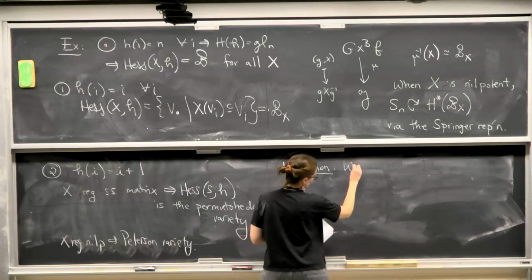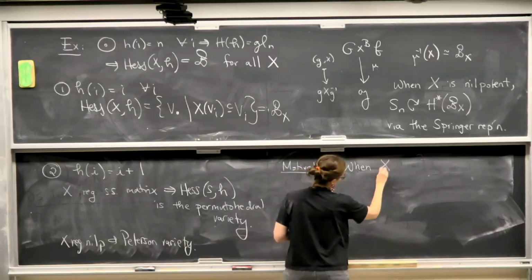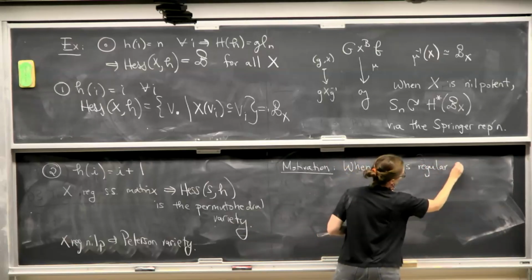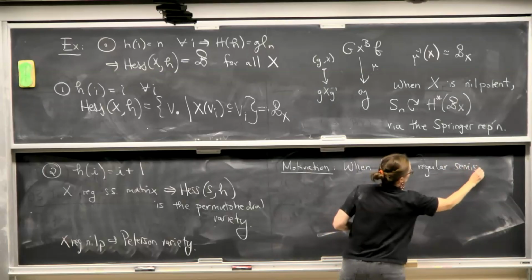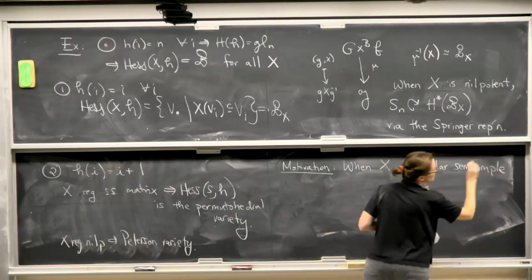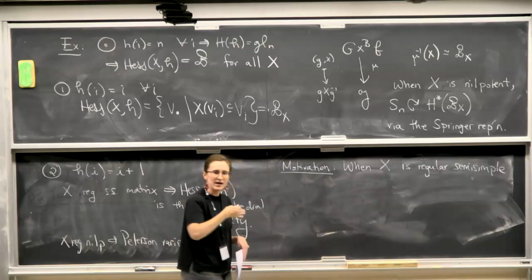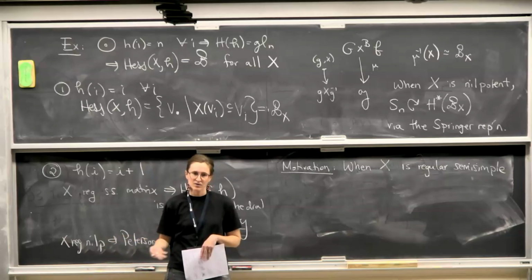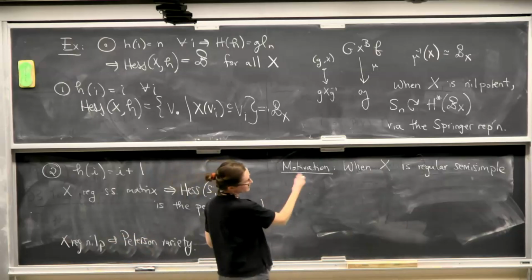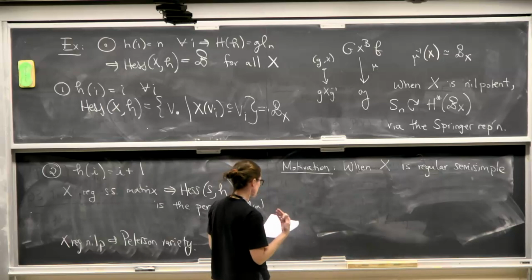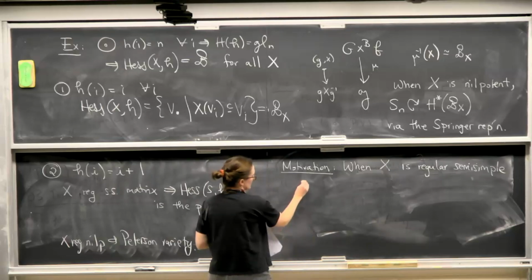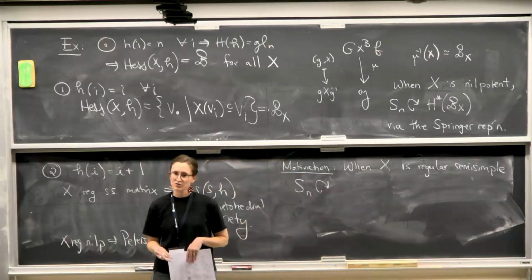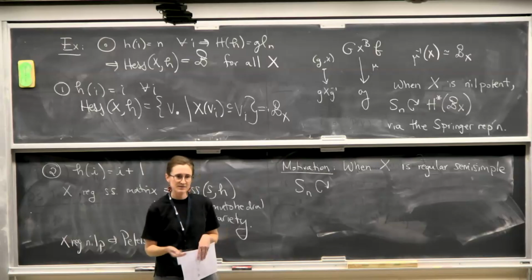So when X is regular semi-simple, and here I'm going back to the scenario where h is any Hessenberg function you want. So pick your favorite, you get your Hessenberg function. You can consider the corresponding regular semi-simple Hessenberg variety. Then we get yet another action of the symmetric group on cohomology of the variety.